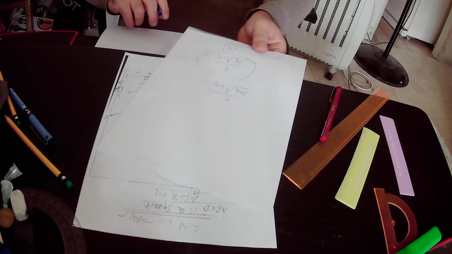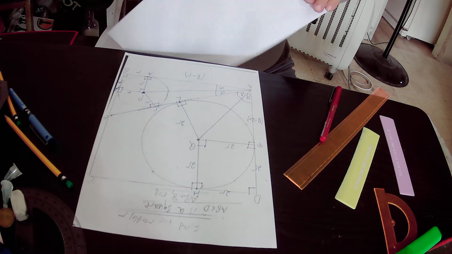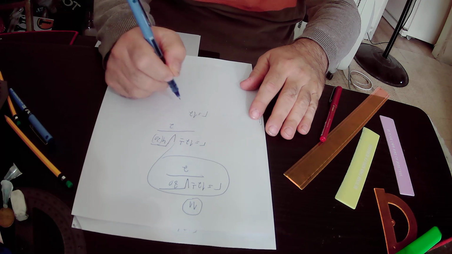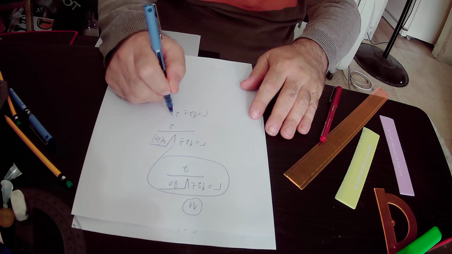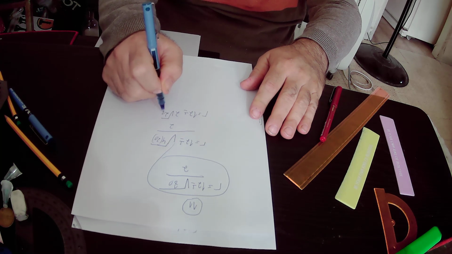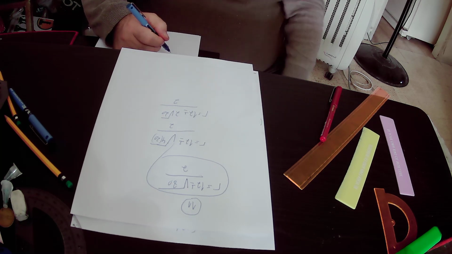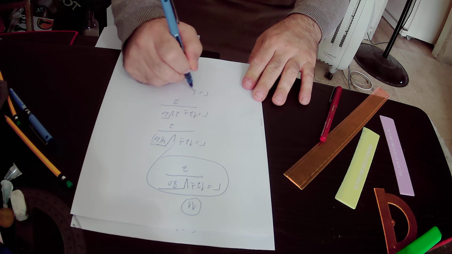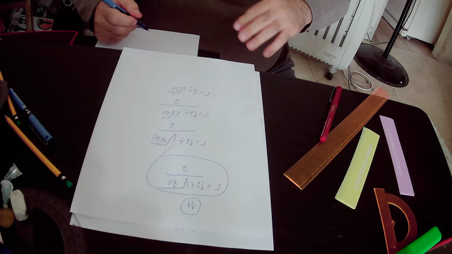Okay, so here we know that the root of 4 is 2, so we write it down. We will get that r equals 12 plus minus 2 times root 20 over 2. 12 over 2 is 6 and 2 over 2 is 1. So r equals 6 plus minus the root of 20, but 20 is 4 times 5.